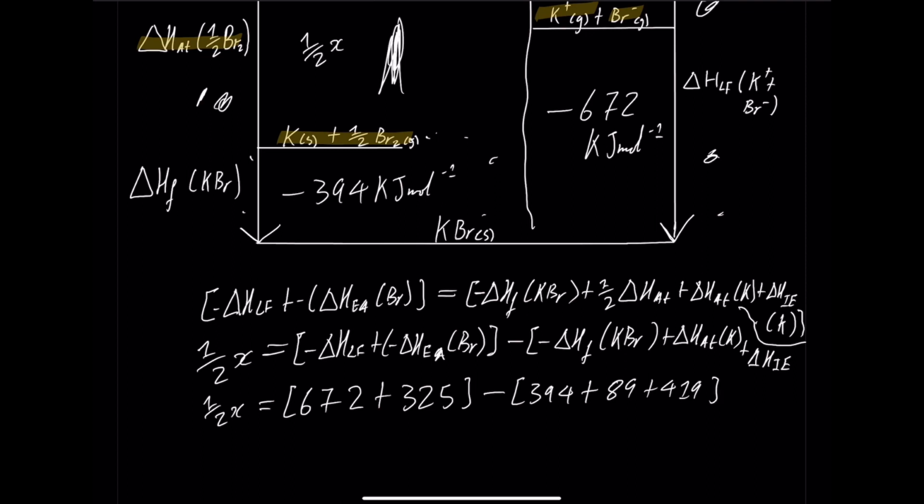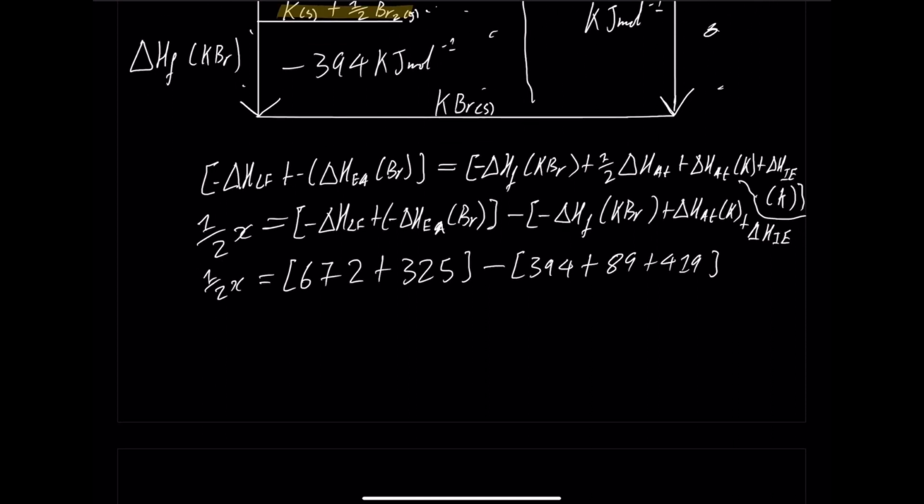So that's 672 plus 325 here, 997, minus 300, so 394 plus 89 plus 419, 902.